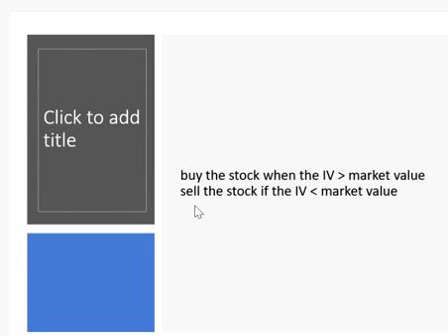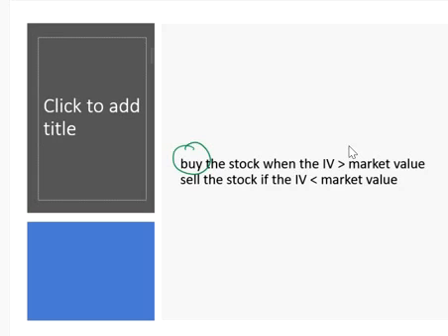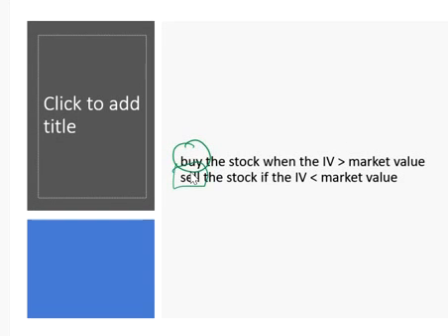Pertama, dia akan beli bila stock, buy the stock when the intrinsic value lebih daripada market value. Dia akan beli. Dan dia akan jual bila intrinsic value lebih rendah daripada market value. Okay. Dan dia akan hold bila sama intrinsic value ke tu market value.